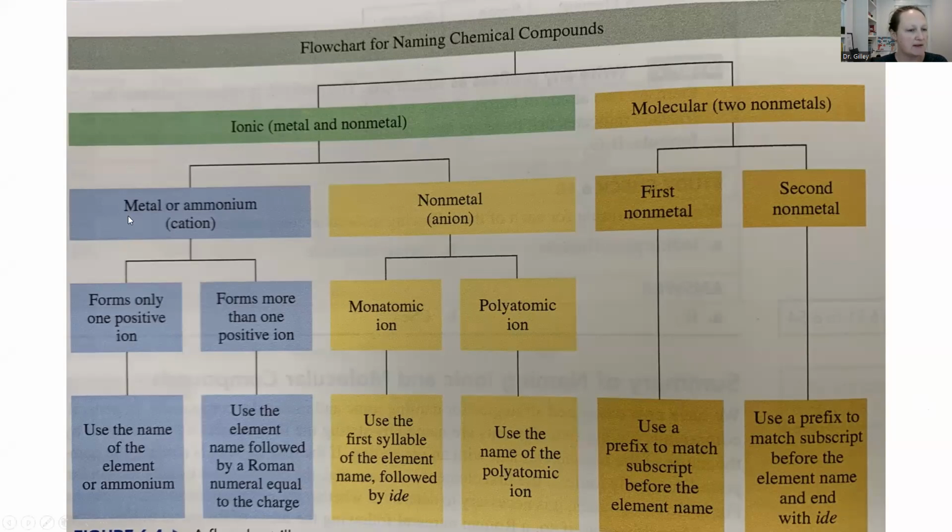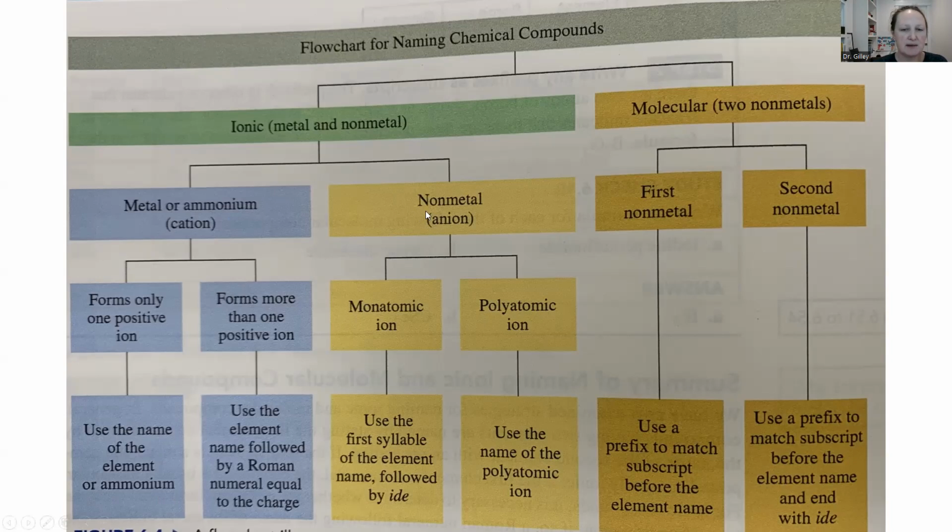So the metals that we've seen are either single atom or polyatomic in the case of ammonium. So those typically form our cations. And we've been looking at type 1, where the cation only forms 1 type of positive ion. So the name for that is just the same as the element name, or ammonium, in the case of that polyatomic cation.